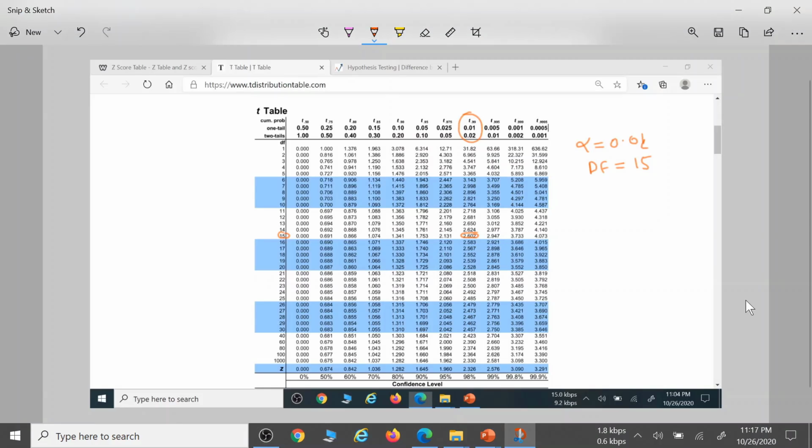So we are getting the t value corresponding to this alpha for a one-tail test. You can see there are two options, one tail and two tail. For one tail, this is your 0.01 alpha, and we are getting 2.602. Let's go back to our question.